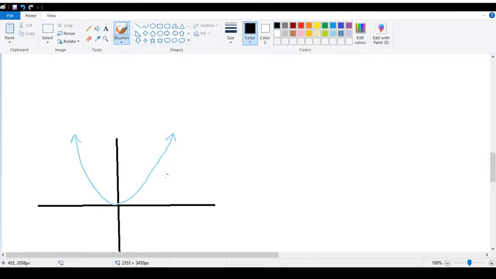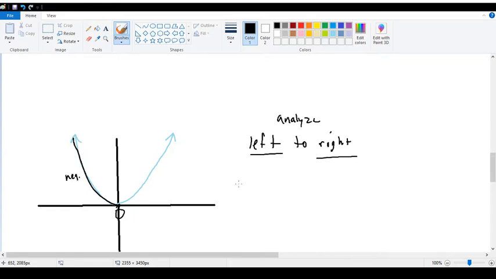Positive means, if I look at it from left to right, notice this is going down right in this section. So this is 0. So it's negative in this area. It's negative when x is less than 0. So from this section here, this is negative, and that's 0.